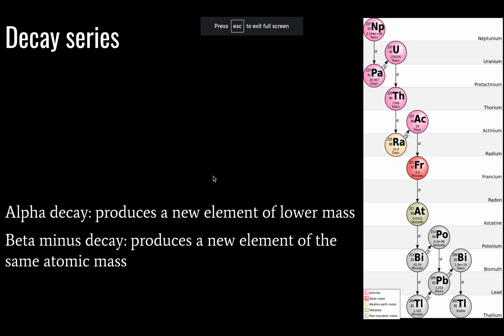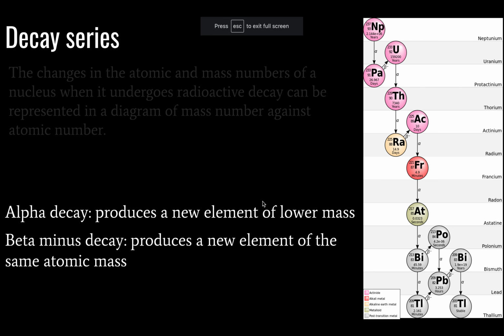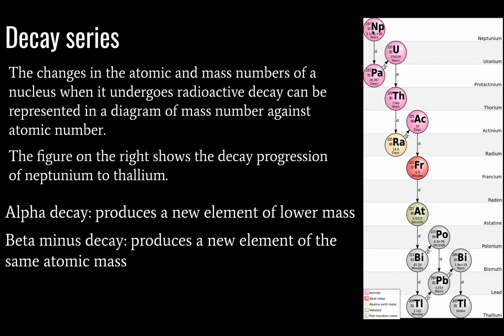First, our neptunium undergoes an alpha decay, then a beta minus decay, then another alpha decay, another alpha decay, and then a beta minus decay. For each one of these decays, it's becoming a new element, or sometimes repeating the element, as we'll see down here.